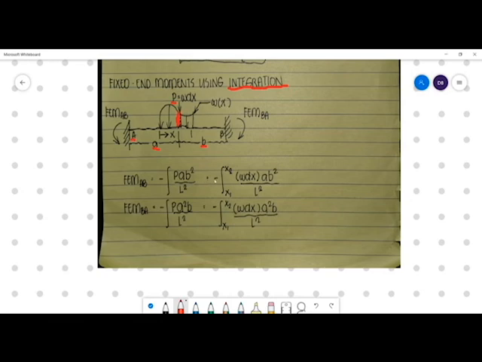And then that will be equal to negative integral of W dx times AB squared over L squared from x1 to x2. FEMBA naman is equal to negative integral of P A squared B over L squared, equal to negative integral of W dx A squared B over L squared.